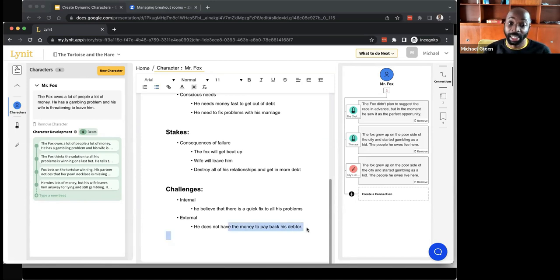So he has to get the money to gamble from somewhere. So he needs money in order to gamble it. So that's a challenge for him, because he has this conscious need of paying back the debtor. So it's a challenge to him in that scenario.